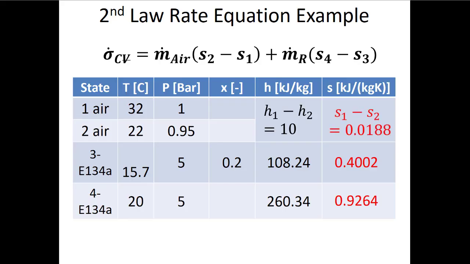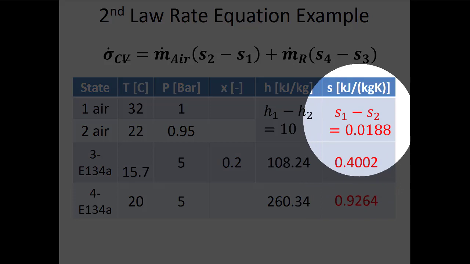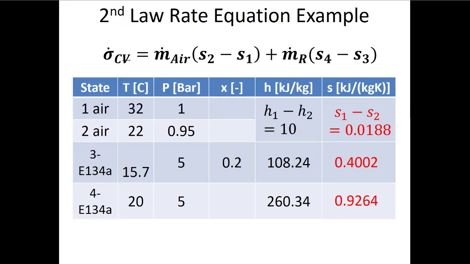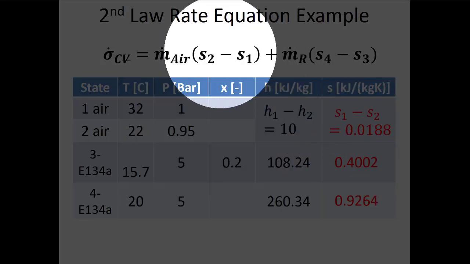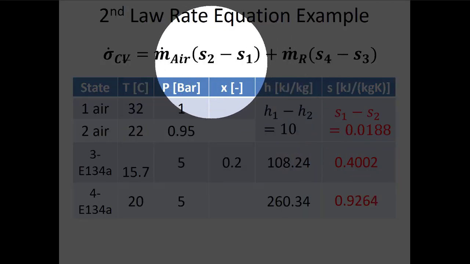So now I can put that into my equation here. Notice that when I'm using this equation, even when I'm assuming variable specific heats, I never actually find the specific entropy of state 1 or the specific entropy of state 2. Instead, I only find the difference. But that's okay, because this only asks me for the difference.